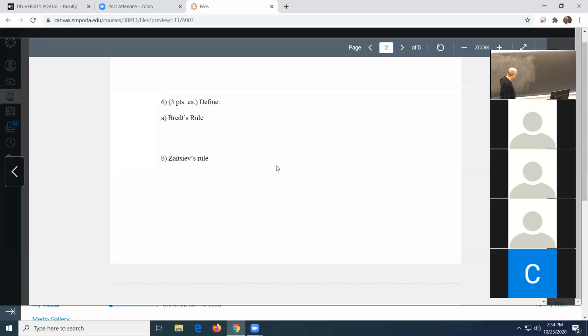Zaitsev's rule: you could probably state this several different ways, but in an elimination reaction, the most stable alkene, which is the most substituted alkene, is the one that predominates.